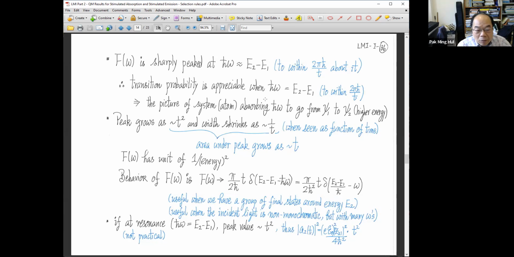In fact, we can work out this mathematical form step by step, but I hope it is already enough to convince you that as time goes on, this function goes like t, because the area under that peak goes like t, and it is a delta function picking up the right omega. So h bar omega must be equal to that difference.